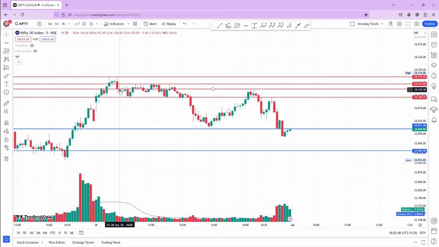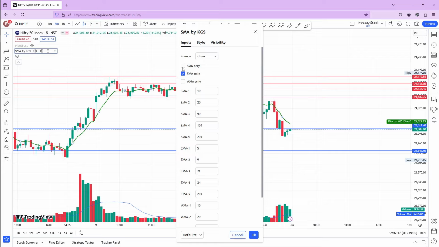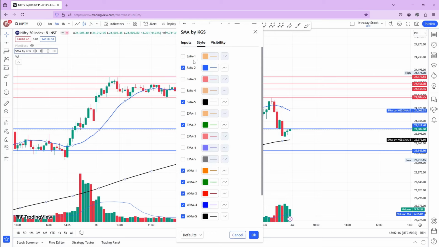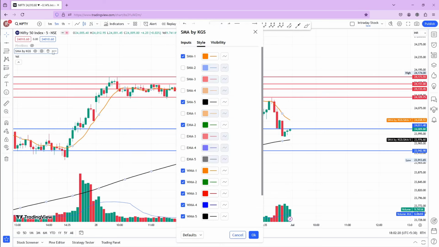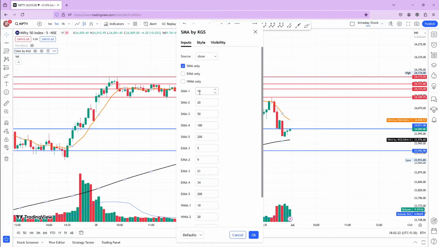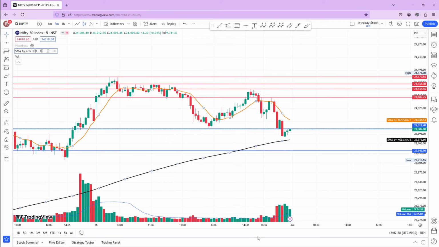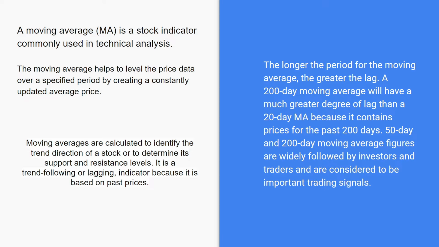So basically you have a moving average plotted here and you have different types of moving average: SMA, EMA and WMA. Now, say I wanted to know the 10 candles moving average, so I will select 10. If I wanted to know the 20 candles moving average, then I will calculate for 20. Same way for 50, same way for 100 and 200. So this is how the moving average is. So what is a moving average?